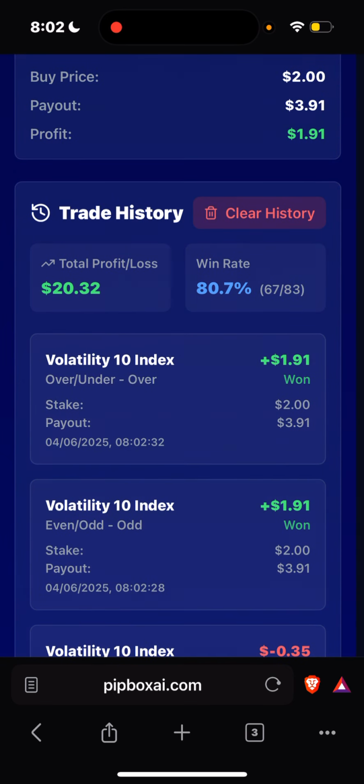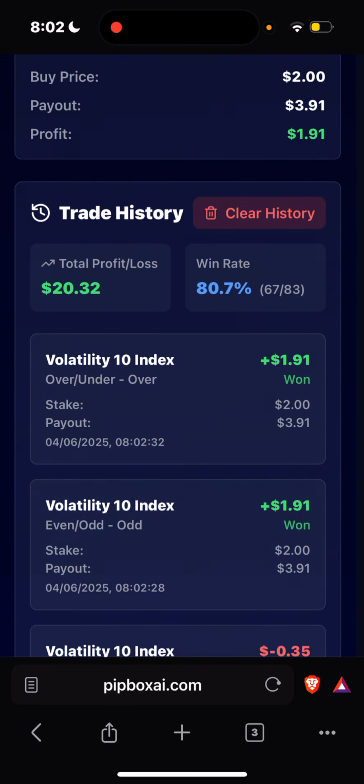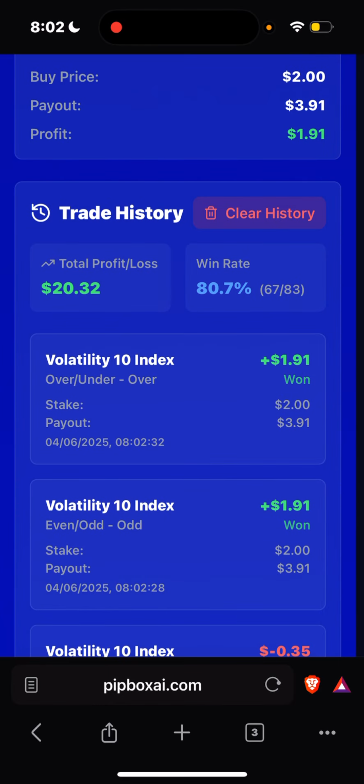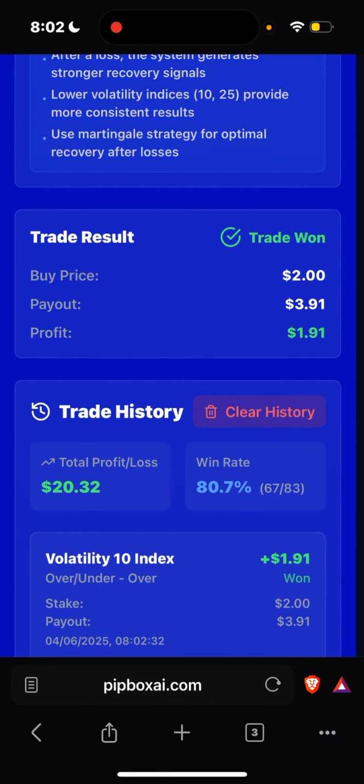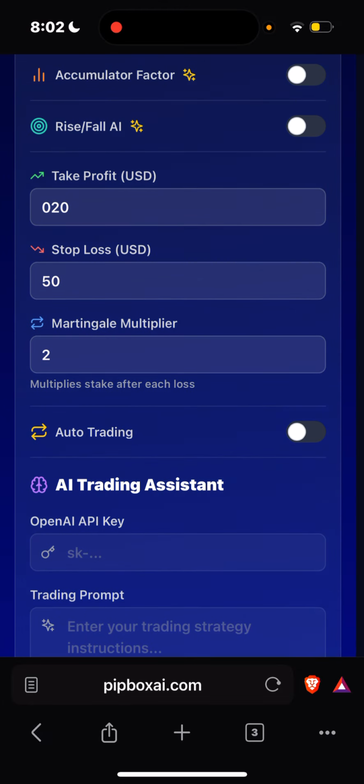Our stake changed. If we could have stayed with the stake of 0.35, then it could have triggered the martingale, but we have no use for martingale right now. We need to clear everything and enable the system again.